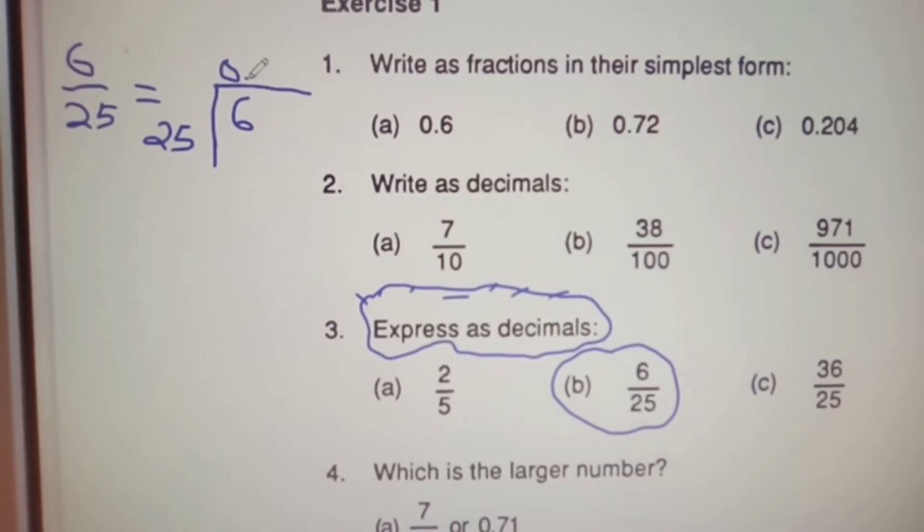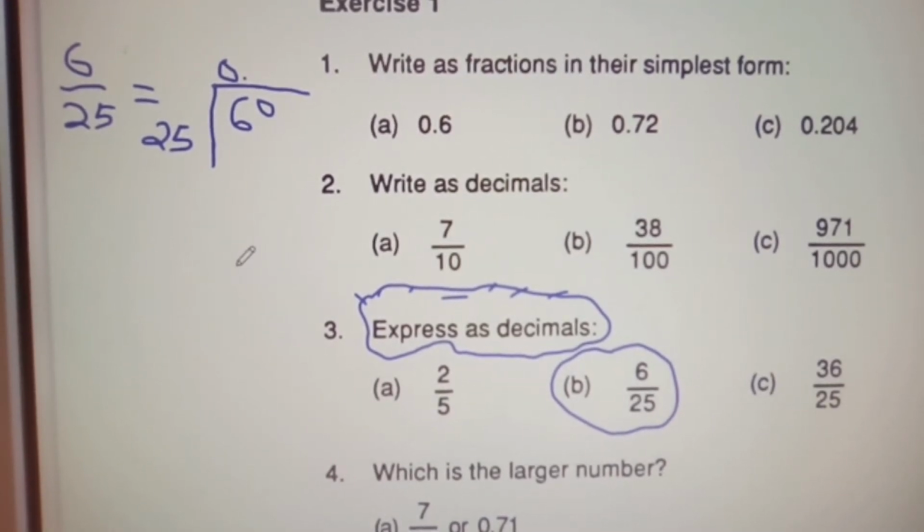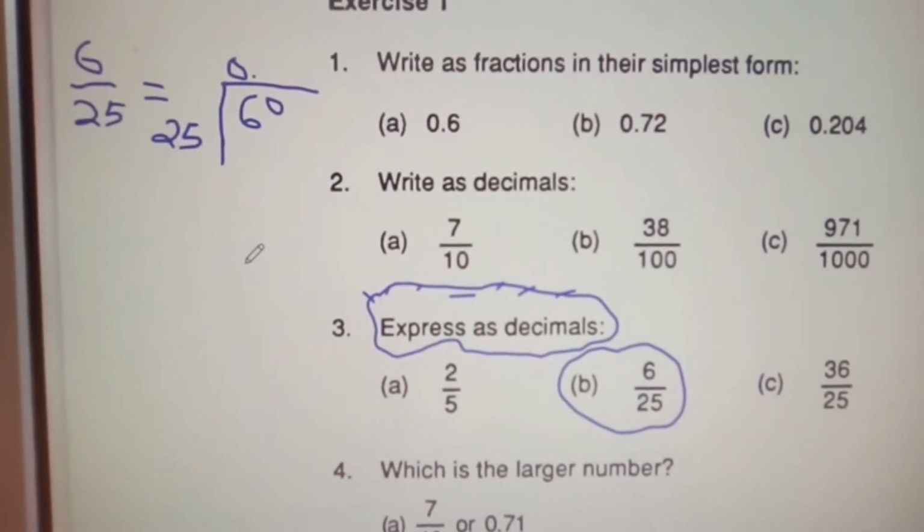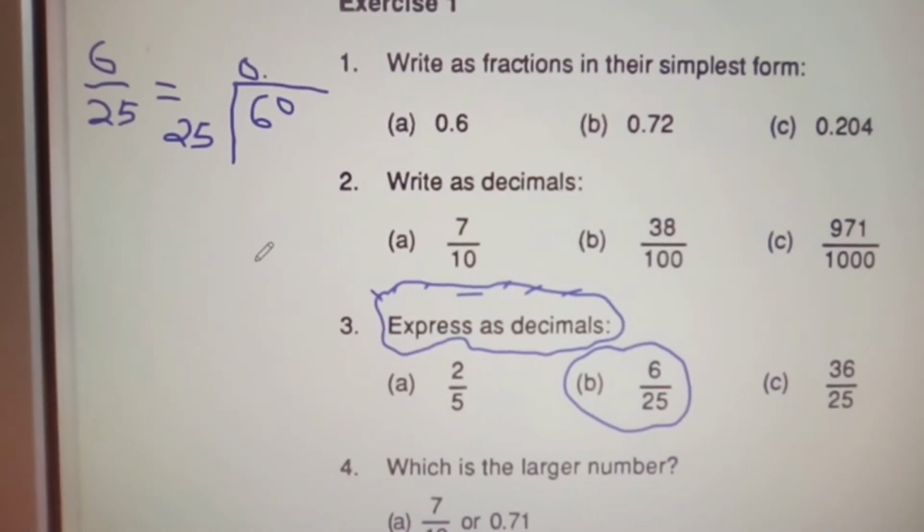Because I add a decimal point, I have to add a 0 here. So how many times does 25 go into 60?